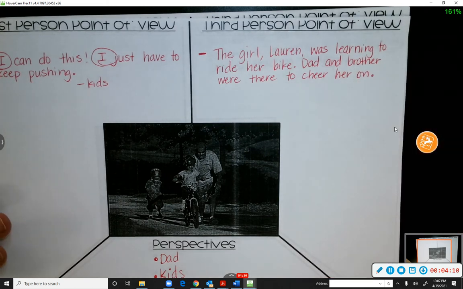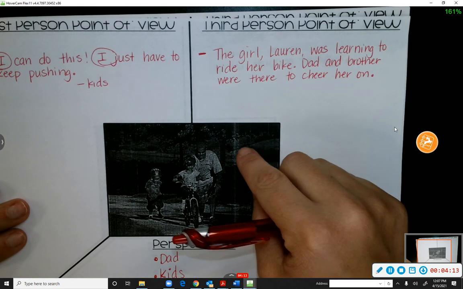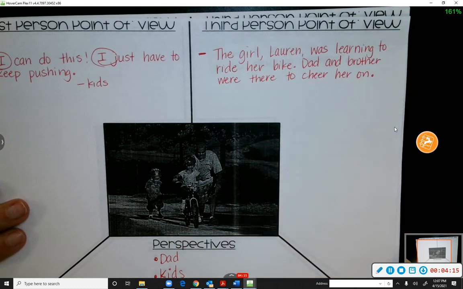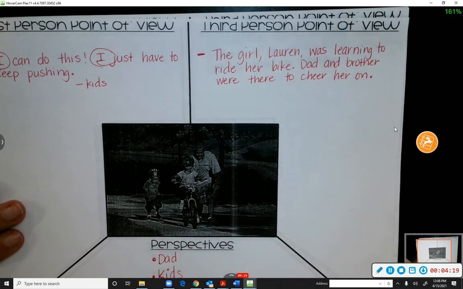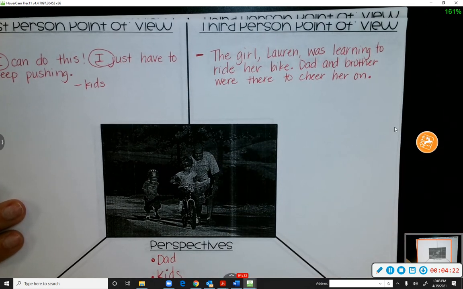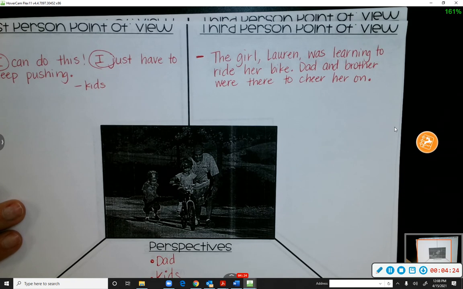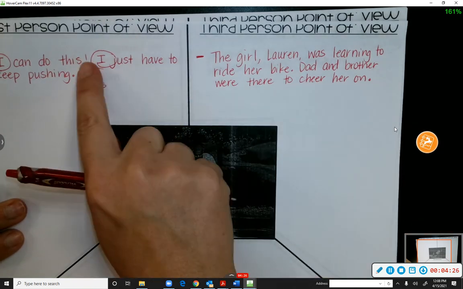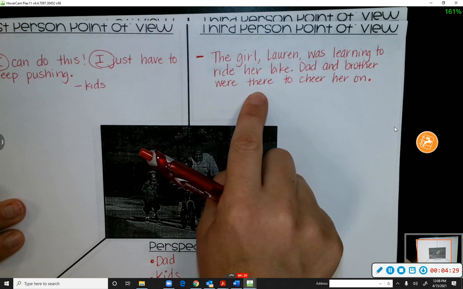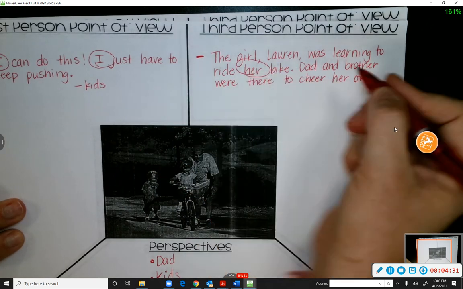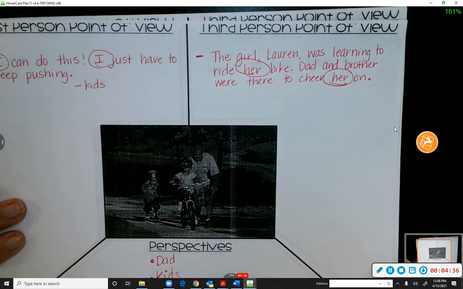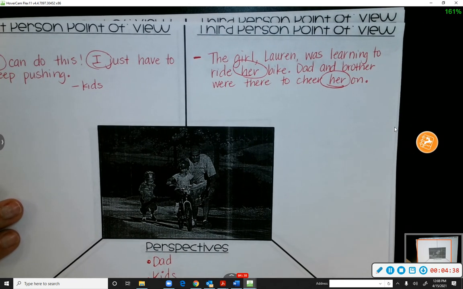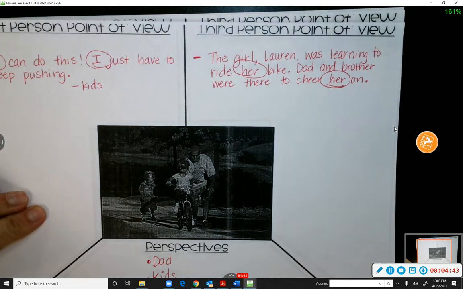Okay, so now can you tell that we're not in the story? When we're writing this, does it sound like somebody that's there, or they're just telling it about somebody that's there? Yes, okay. So we took out the pronoun I, and now we're using her. So that's a clue that it's third person, not first. Okay, the girl Lauren was learning to ride her bike. Dad and brother were there to cheer her on.